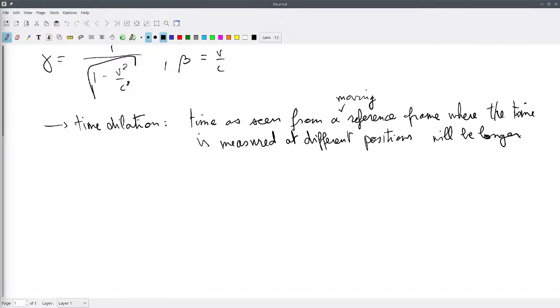Or in other words, if we use the proper time as a fixed reference point, then time will be moving slower.